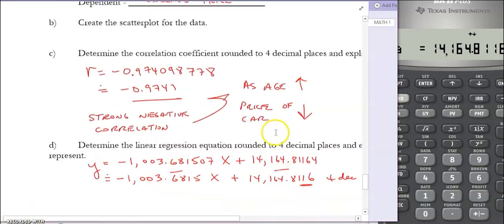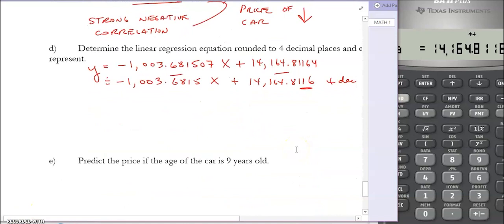Next, what does it ask? Predict the price if the age of the car is 9 years old. Okay, so I'm going to just make use of our calculator this time and say when x is 9, y is equal to.